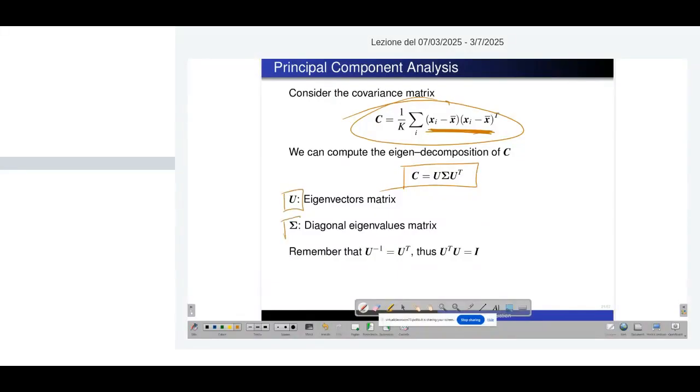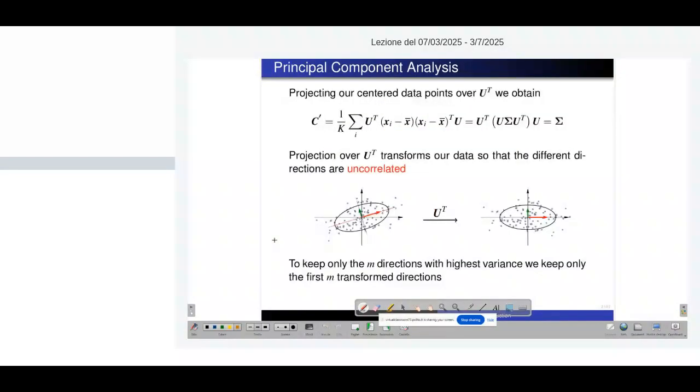We get the matrix U of eigenvectors and the diagonal matrix of eigenvalues, sorted by decreasing eigenvalue. Now, when we apply PCA, we take our test sample and center it as well, because we are working with the centered version of the samples, so the same centering should be applied to any data that we want to project, and then we project over P. Now, let's imagine that rather than using P, we don't select a subspace of dimension M, but keep the whole set of eigenvectors.